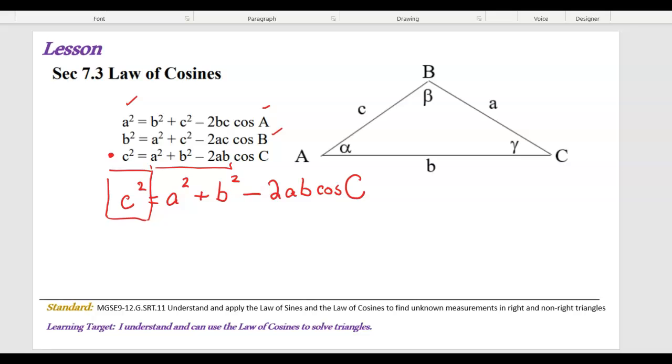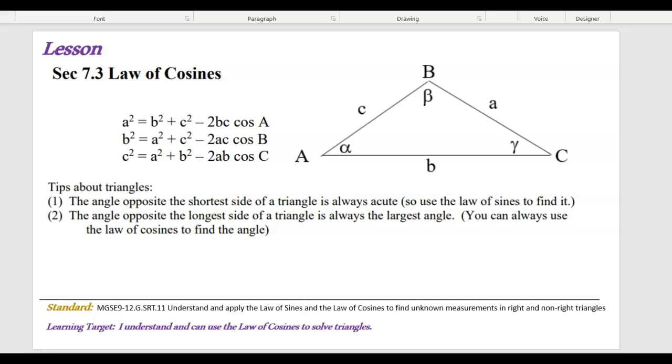Okay, two points to make very clear. When you use the law of sines to find an angle, this is important: try to make sure that you start with the shortest side, because sine inverse will never spit out an obtuse angle.